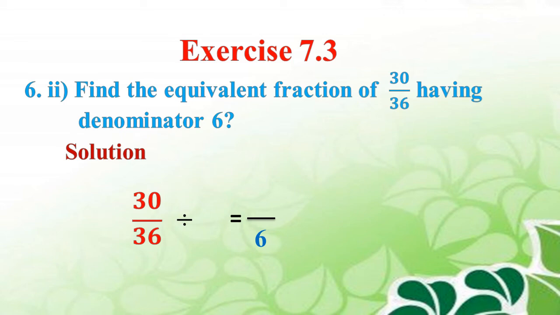If you multiply, you will get a large number in the denominator. So if we have a small number, we have to divide. So what is that common number? We don't know. What about the numerator? That is also we don't know. First we want to divide 36 by 6. We'll get, what is that one? 6 6s are 36. So when you divide the numerator and the denominator by the same number, we'll get an equivalent fraction. So 30 divided by 6 means we'll get 5.